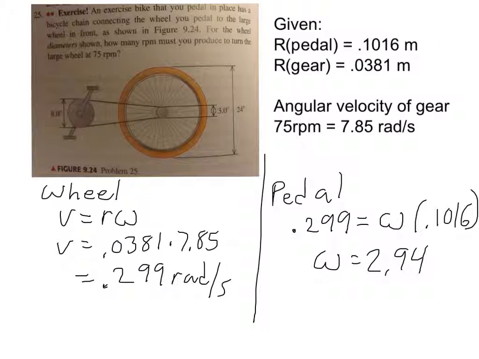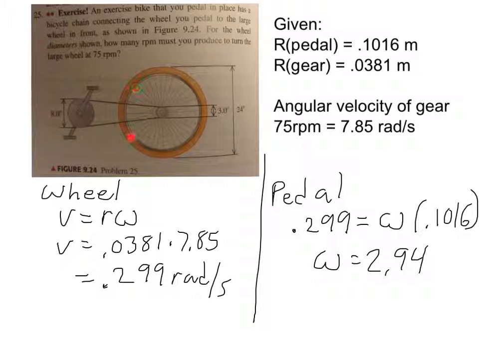Basically, I took the 8 inches divided by 2 for 4 inches, multiplied the 4 inches by 2.54 centimeters per inch, and then moved the decimal to get the meters. I did the same thing for the gear here, so the radius of the gear is 0.0381 meters. Okay, so I have this gear and this gear.